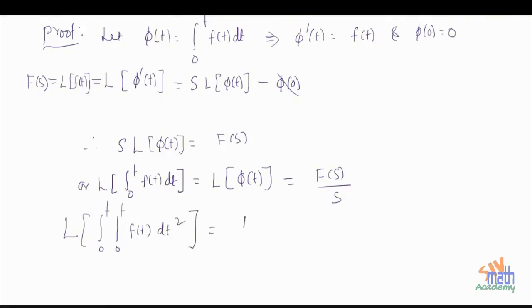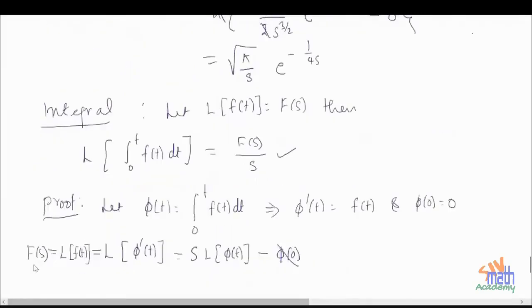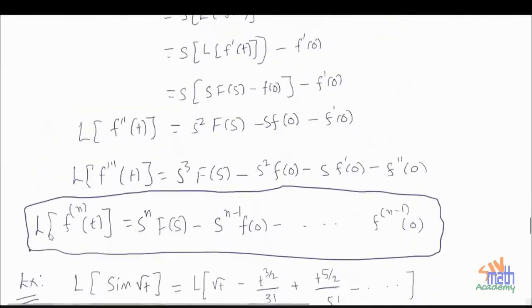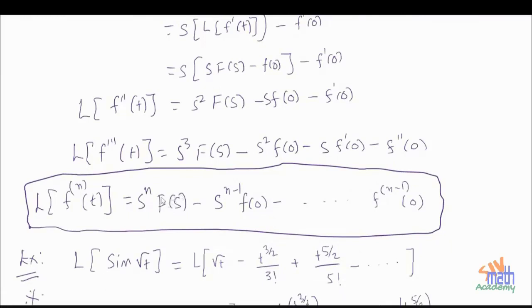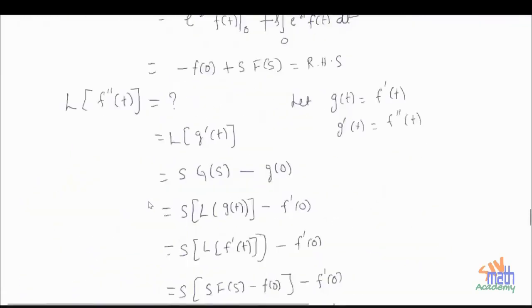Then F of s upon s square. You observe one thing here. When I am integrating once, I am dividing F of s by s. If I am differentiating, you might have seen here, I am multiplying the function F of s by s.